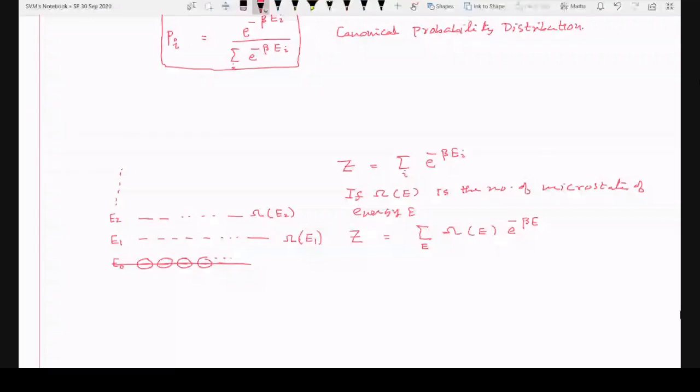Now I want you to notice that this particular term, suppose I plot the summand of this with different energies.